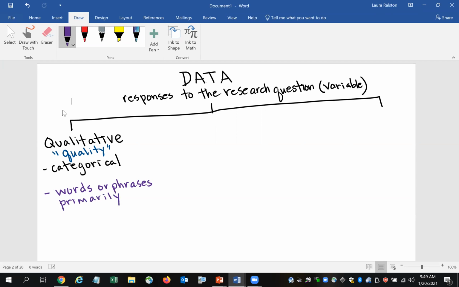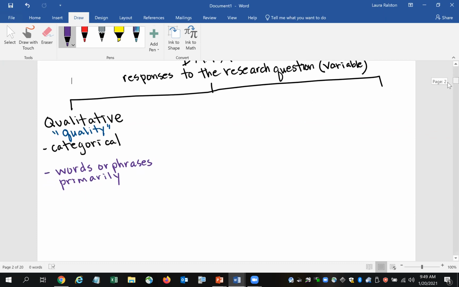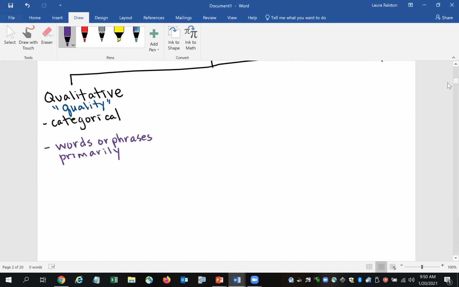So the response would be an answer to a question like, what is your favorite TV show? Or what is your political affiliation? So it's typically going to be words or phrases, but you have to be careful because it could be a number or numbers.